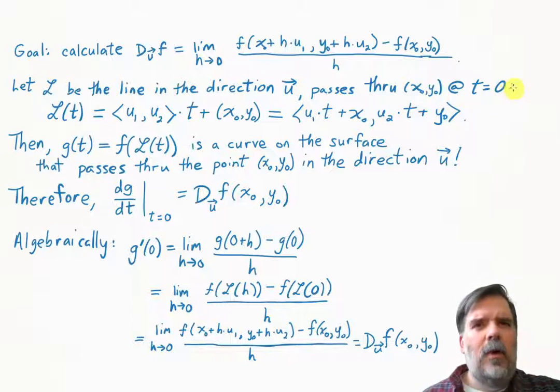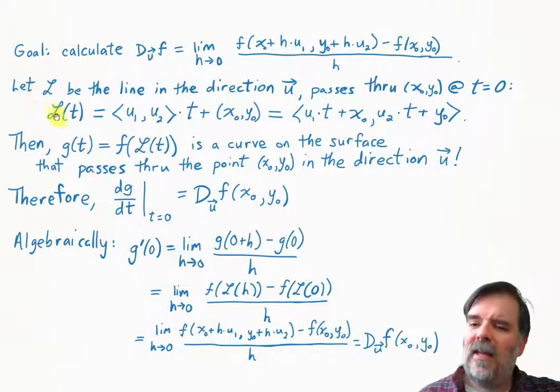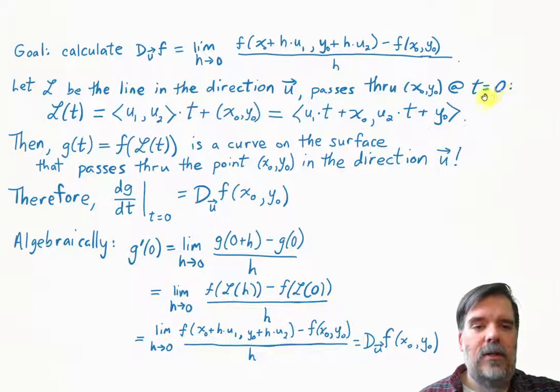Writing down the equation of this line is pretty basic; we've been doing this for a while now. L of t is equal to the direction vector u times t plus this point. When t equals 0, the direction times t cancels out, leaving us with just this point. So L of 0 goes through this point at time t equals 0, just as we wished.